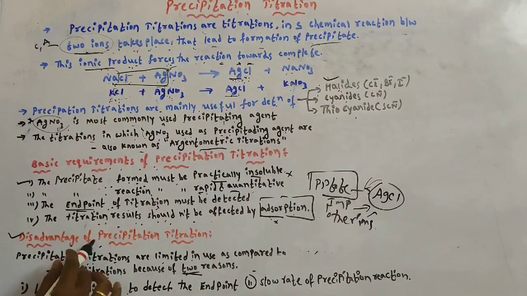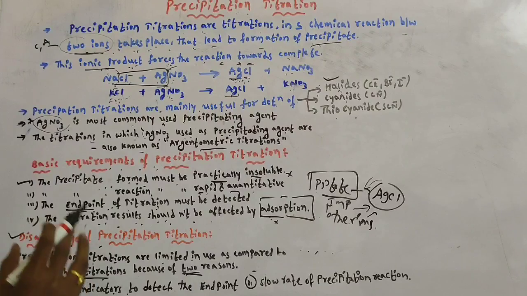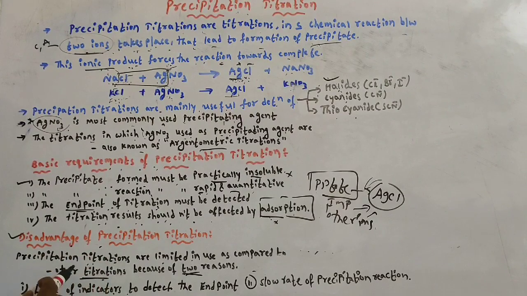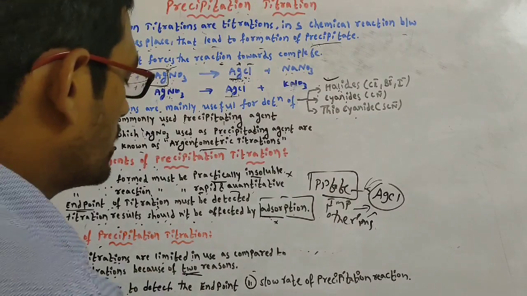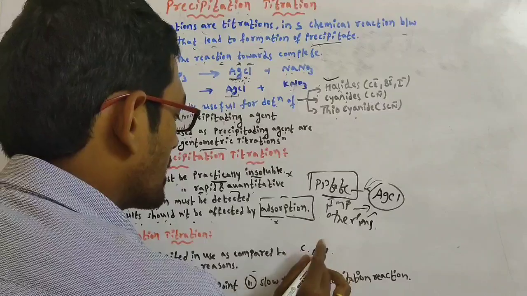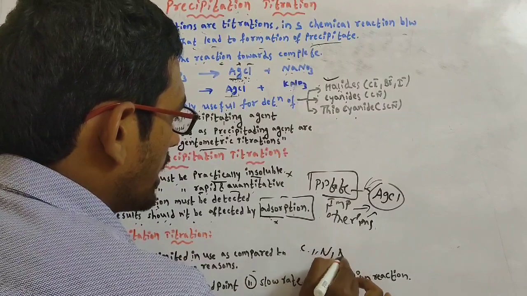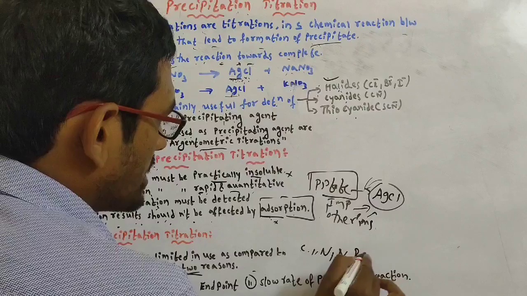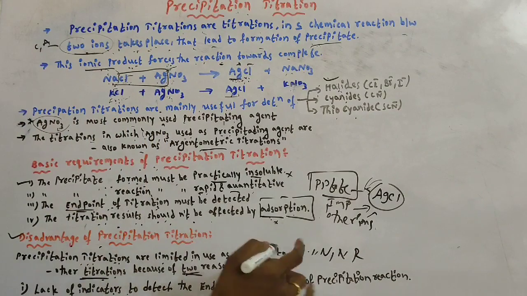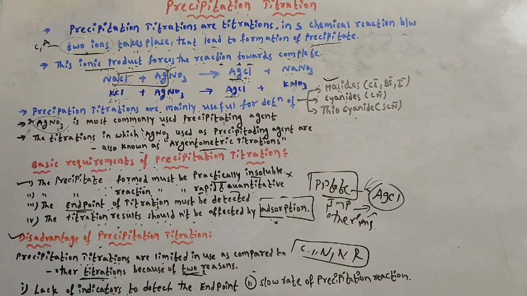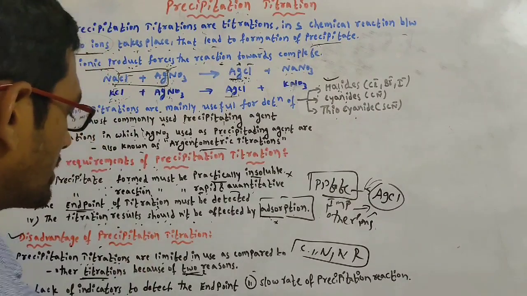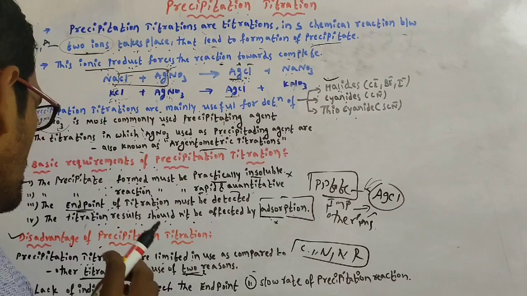Then the disadvantages of precipitation titration, some drawbacks and limitations. Precipitation titrations are limited in use compared to other titrations, such as complexometric, neutralization, non-aqueous and redox titrations, because of two reasons. First, there is a lack of indicators to detect the endpoint; very few indicators are available.